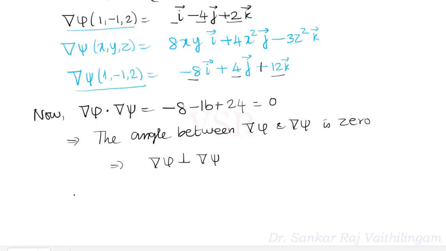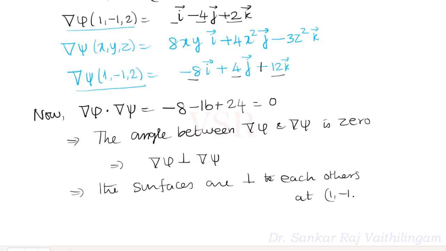So this implies that the two surfaces are perpendicular to each other at the point 1 minus 1 comma 2. Okay, so that is a thing. So I'll stop here.